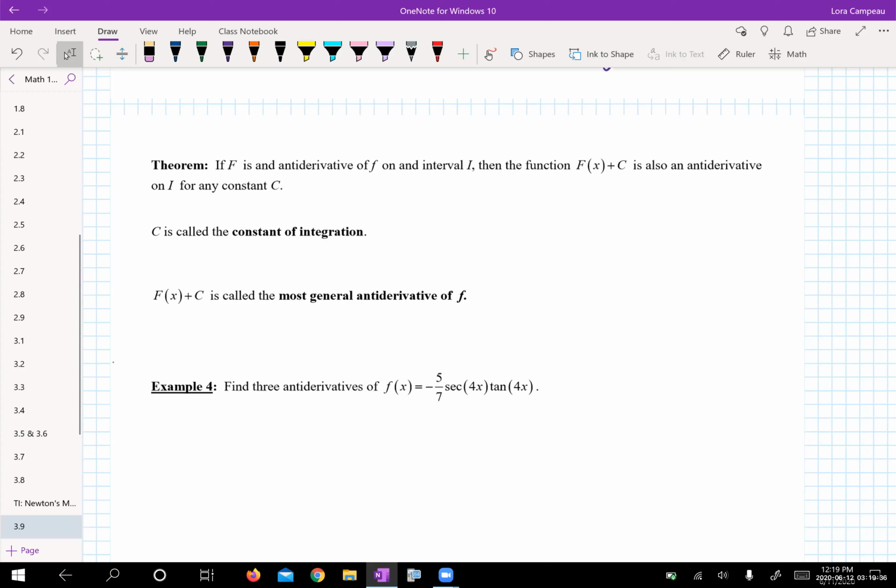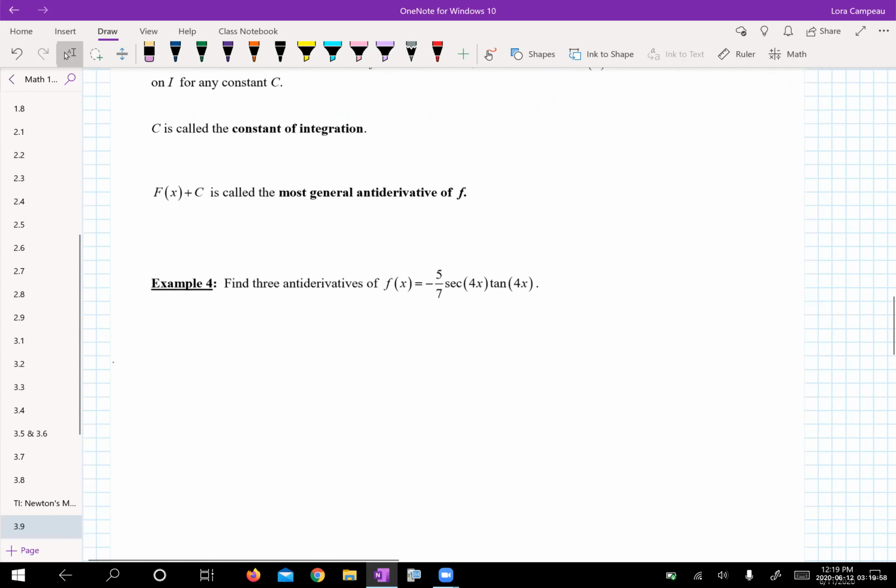So if you want to find everything, we always say that F of x plus C is the most general antiderivative of f because it accounts for every single antiderivative that could possibly happen. And I know that's impossible to list. So just to give you an idea, the moral of the story is we need to add C every single time. And you'll see we'll hit that a lot in chapter 4.